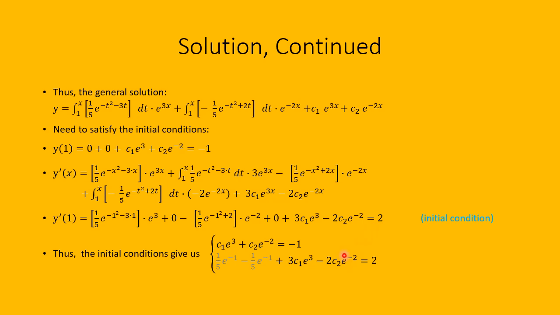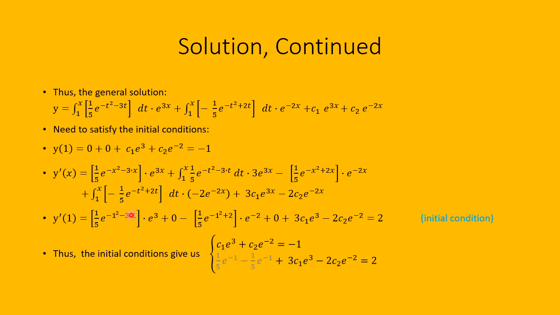So we found that the initial conditions are c1e cubed plus c2e to the minus 2 equals minus 1. And from up here, 1/5 e to the minus 1 minus 1/5 e to the minus 1 plus 3c1e cubed minus 2c2 e to the minus 2 equals 2. Notice where we got these minus 1's from.